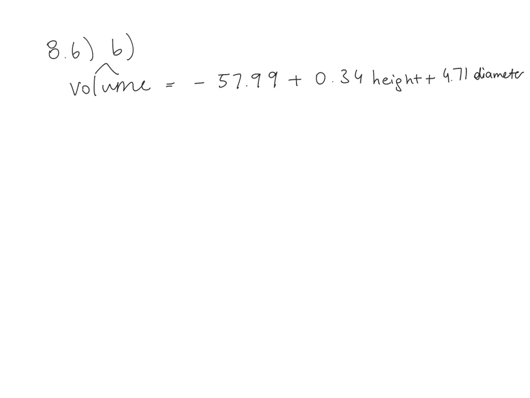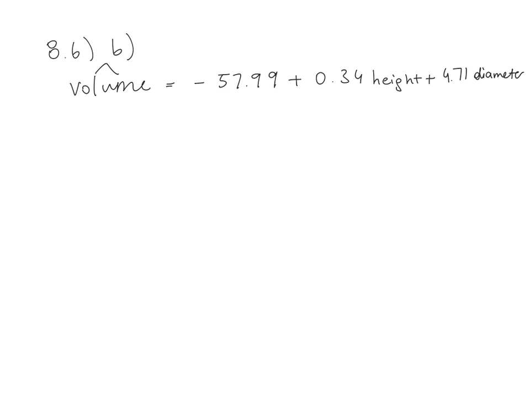So how would I go about solving this problem? This is a tree in my sample, so I know everything about it. I know its height and diameter, and I also know its volume. And what I want to figure out is if the model overestimates or underestimates it. So you would use your equation, and then you would plug in everything except for the volume. Exactly. We would use this equation and plug in everything except for the volume, right?